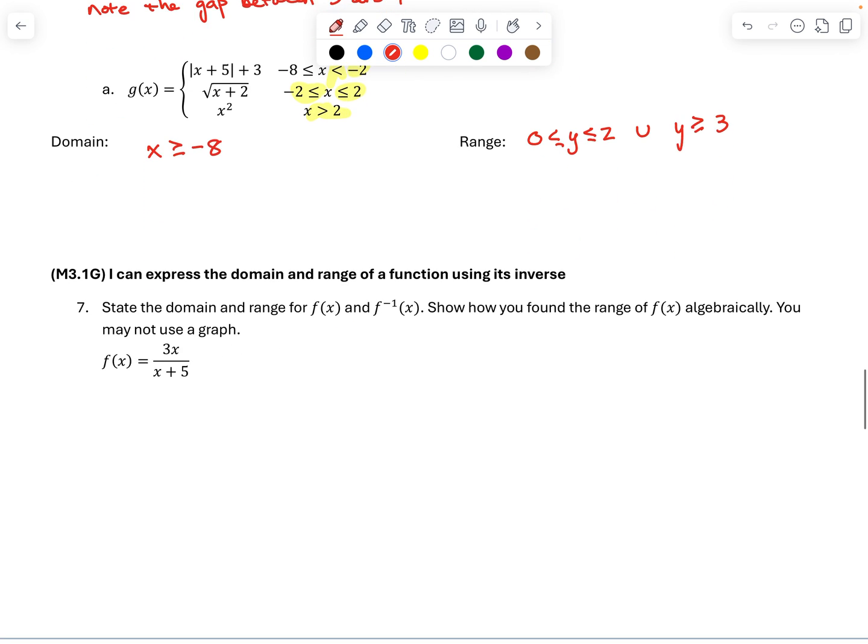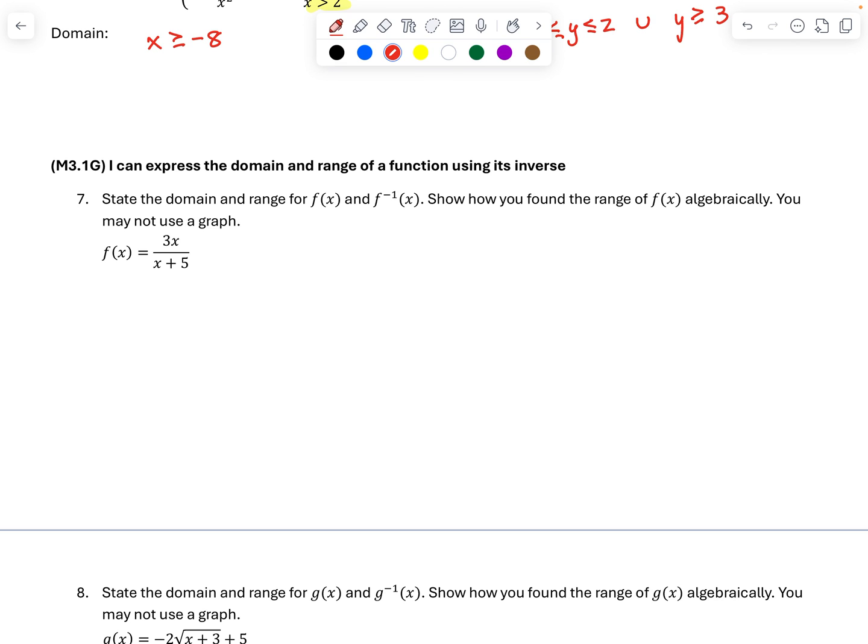Okay. So notice that f of x is a rational function built out of two lines, and that's important.